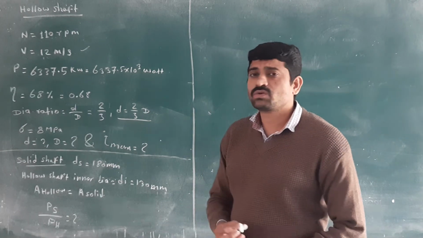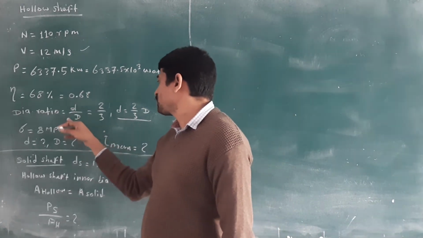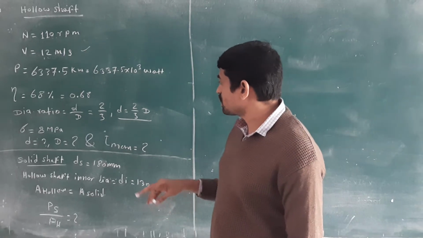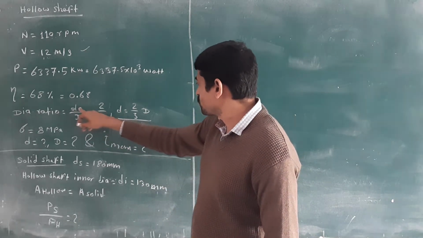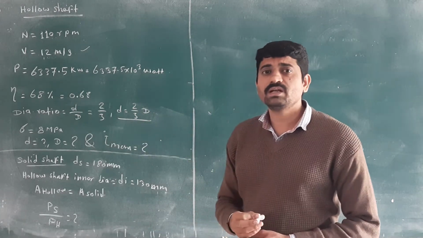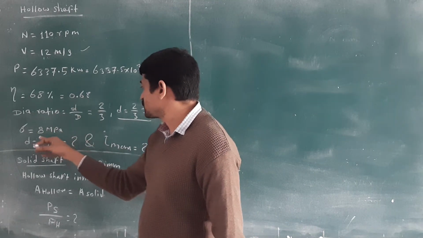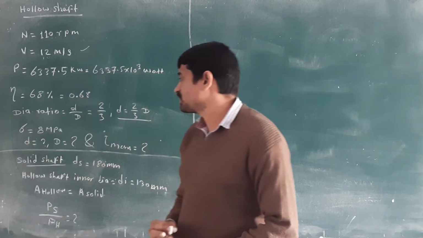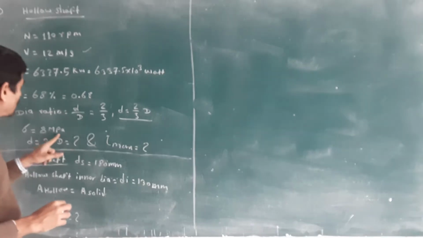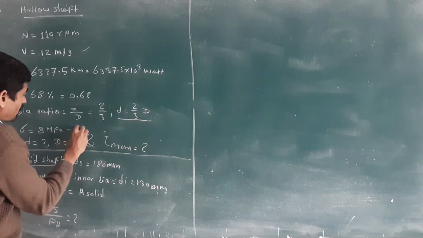Also you are given the diameter ratio, small d by capital D is equal to 2 by 3. Then we can convert it into the relation: small d is equal to 2 by 3 capital D. The stress induced in the shaft is equal to 8 megapascal, or we can say 8 Newton per mm square.